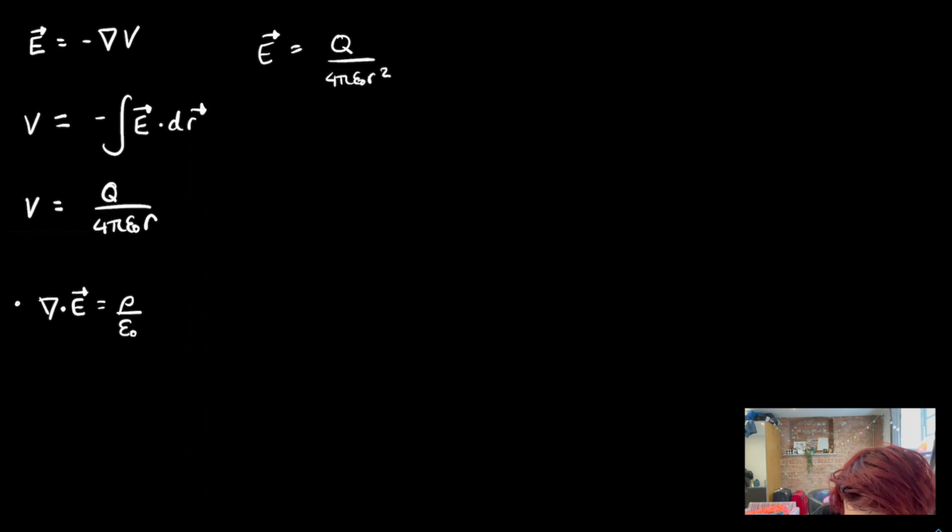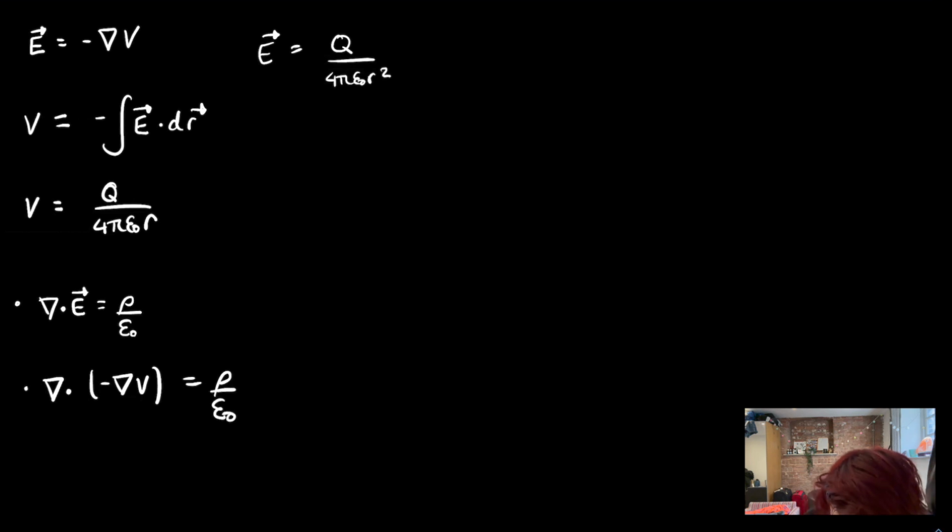So we can combine this equation with the previous one, substituting in what E is, and write Gauss's law in terms of the electric potential as opposed to the electric field. When we do that, we get the divergence of minus the gradient of the potential is equal to rho divided by epsilon naught.